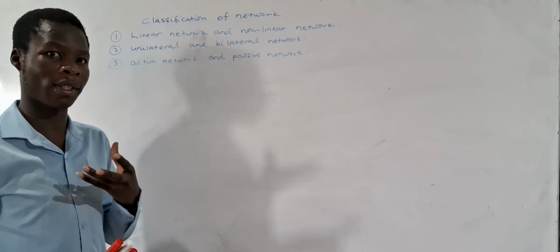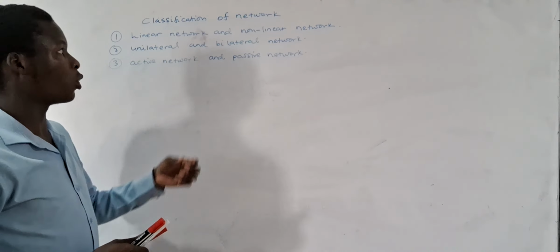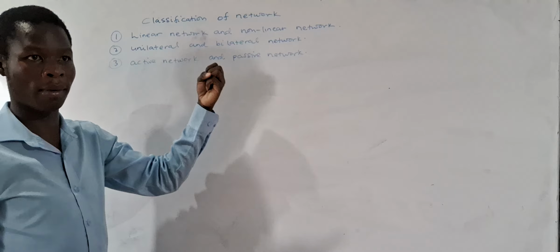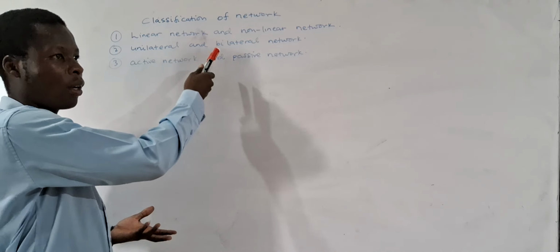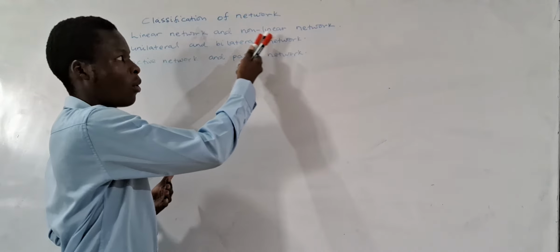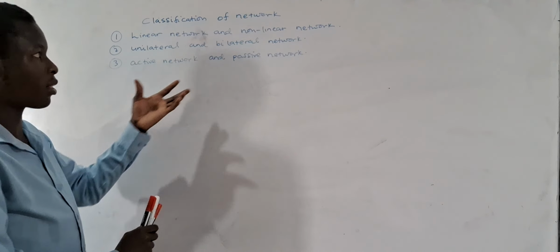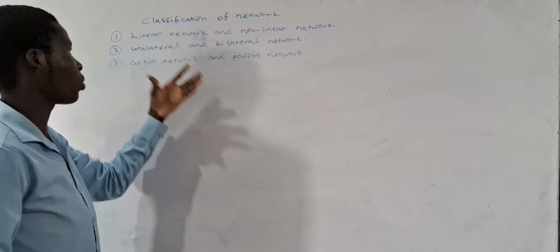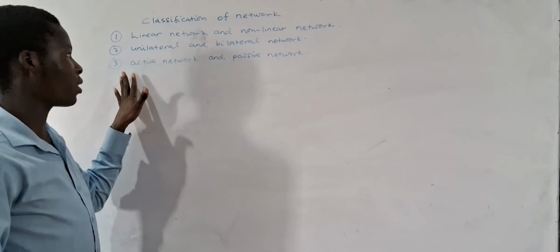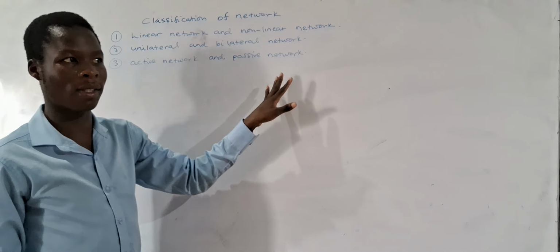In order for you to understand some of the theories, you should know the different types of networks. We have a linear network, or you can call the other one a nonlinear network. You can also classify networks into unilateral and bilateral networks. You can also classify networks into active networks and passive networks.